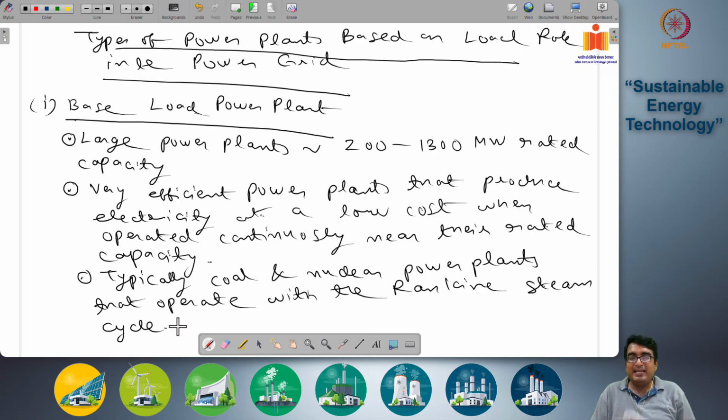So these base load power plants are highly efficient, continuously running at constant rated capacity power plants with large capacity of 200 to 1300 megawatts, and are usually in the traditional system. These are basically large scale coal and nuclear power plants that are operating with the Rankine steam power cycle.